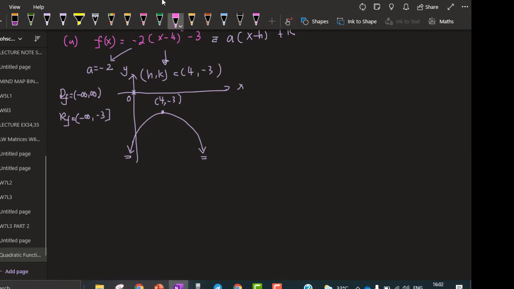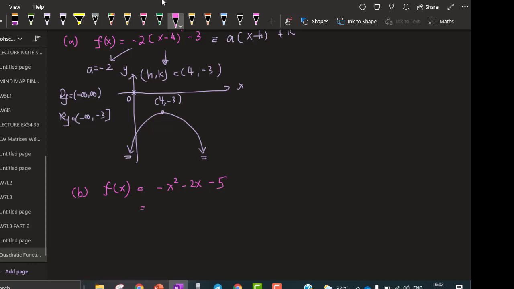Okay, the very interesting question, when it's not in completing the square form. As usual, I told you, f(x) equals maybe simply -x squared minus 2x minus 4, for example. Maybe not nice, you can try to change the question, or maybe we can make it -5.